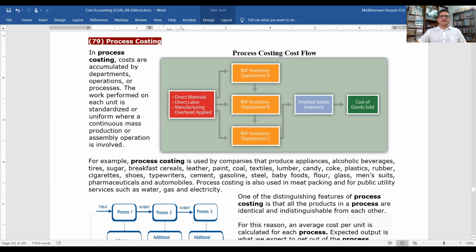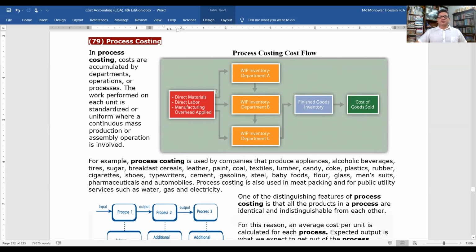Material, labor, and manufacturing overhead applied are within the work in progress under Department A, and the finished goods of Department A transfer to Department B as work in progress inventory. With direct material and direct labor again, the finished product of Department B is transferred to work in progress under Department C. Within Department C, direct material, labor, and applied manufacturing overhead are added, and the finished goods inventory also transfers the cost to cost of goods sold.